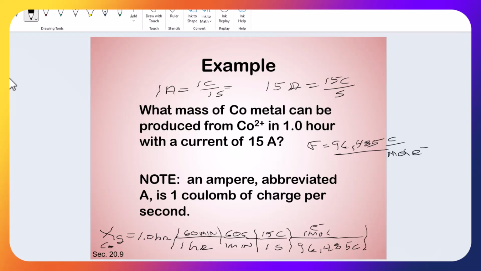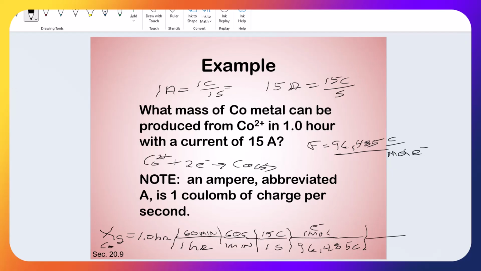And the other thing we needed to look at was cobalt. We're reducing cobalt, which doesn't want to be reduced. It's got a negative cell potential. We're adding 2 electrons to cobalt 2+ to make cobalt solid.